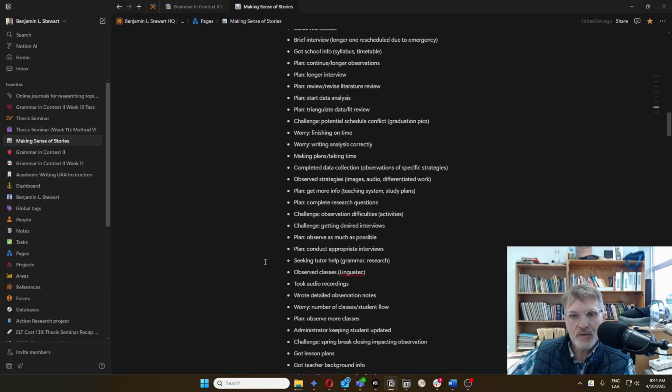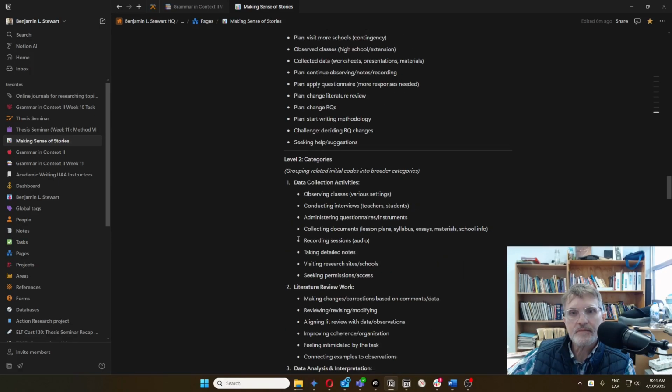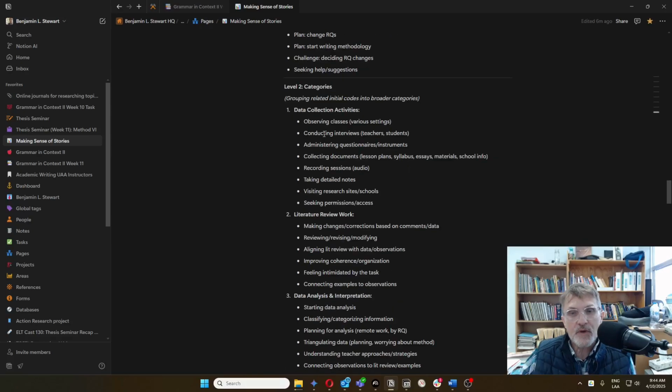Okay, so let's go to the second level of coding. The second level simply means that I'm going to be taking all of the initial codes listed above and categorizing or grouping them into categories. The names of the categories I'm going to generate based on the initial codes that I'm grouping. So this is what I've done here.